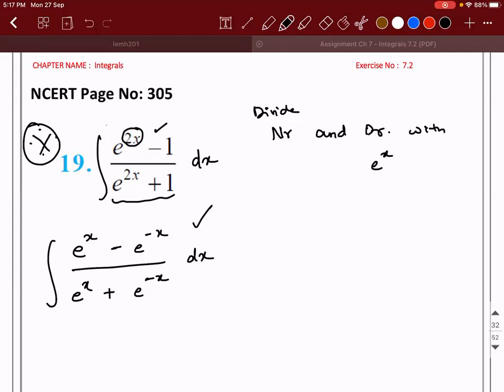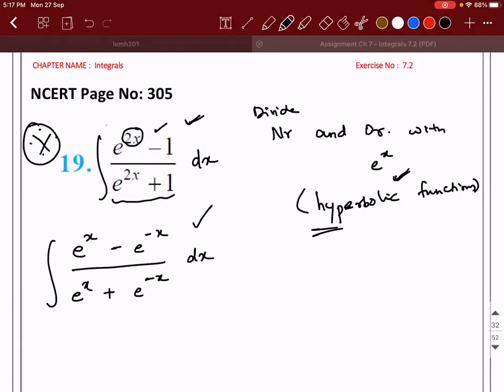No, generally you will not get that kind of a problem. See, I know the reason behind creating this kind of a problem, because there is something called hyperbolic functions, which I don't think you ever had in CBSE. Hyperbolic functions are related to the trigonometric functions only.